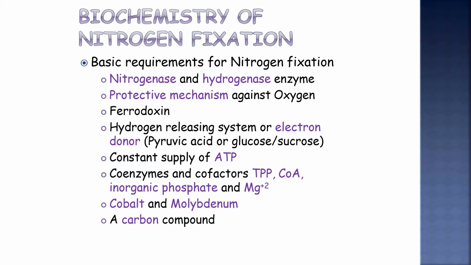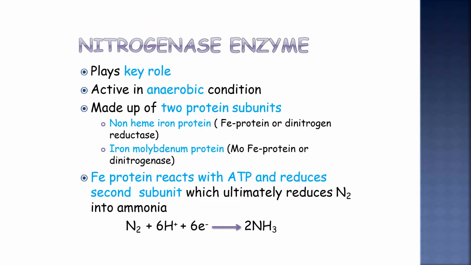Constant supply of ATP. What is ATP, students? It is adenosine triphosphate. Then the coenzymes and cofactors, that is TPP and coenzyme A. Inorganic phosphate and magnesium ions. Cobalt and molybdenum and a carbon compound.